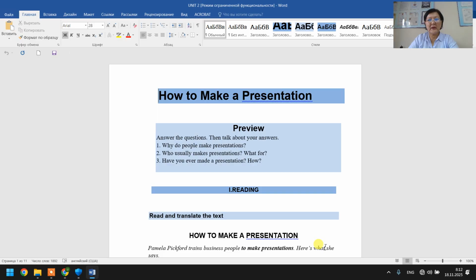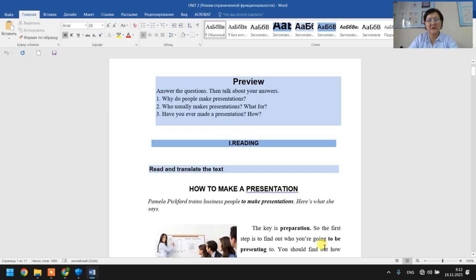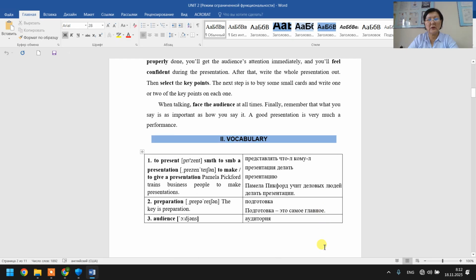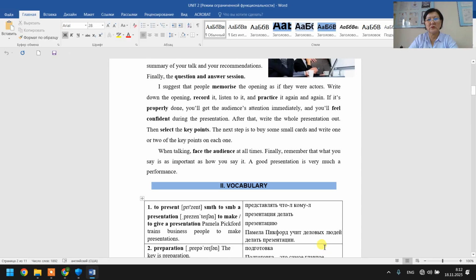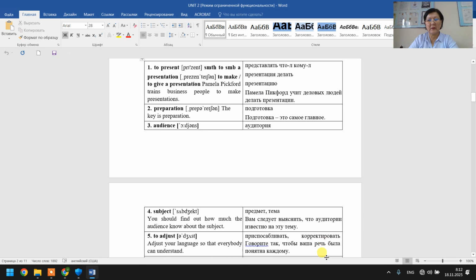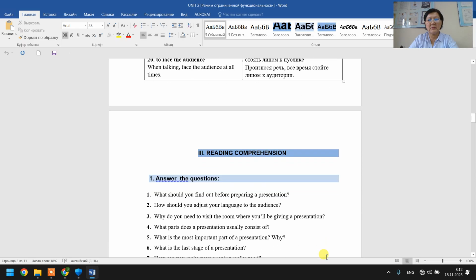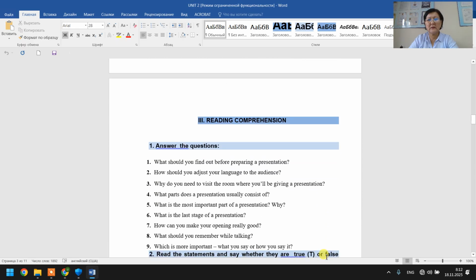As we know, the text "How to Make a Presentation" and the vocabulary were given to you beforehand, because all the tasks we are going to do today mostly concern the text and the given vocabulary. Now, if you read the text at home and went through the words, let's come to the reading comprehension.